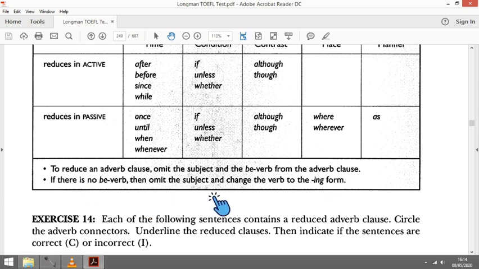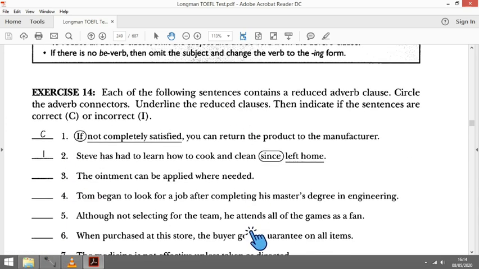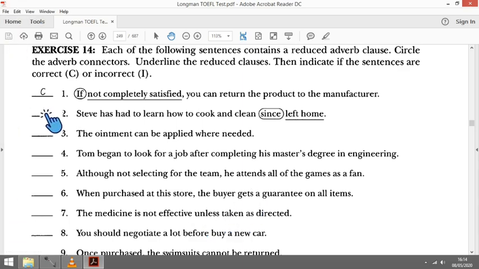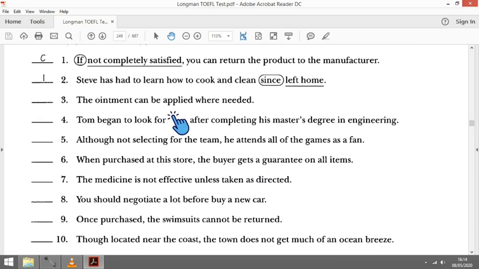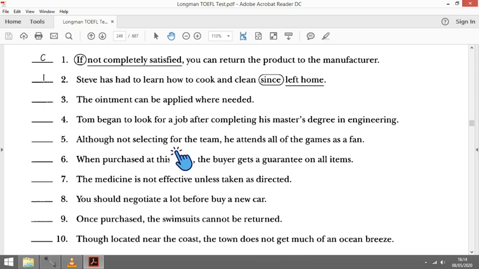We have to know the meaning too, to see whether it is appropriate or not. Look at exercise 14. Take your book and a pen and let's do the exercise. Number 1. We have to focus on the adverb clause first, the word structure, and the meaning too.